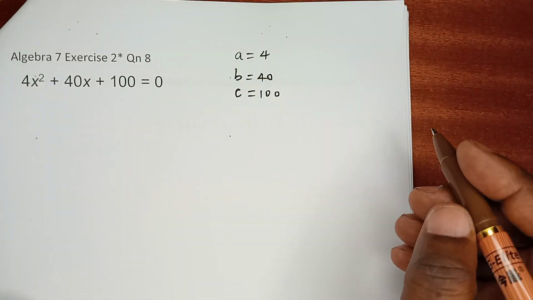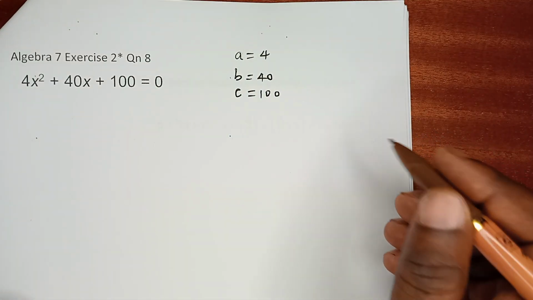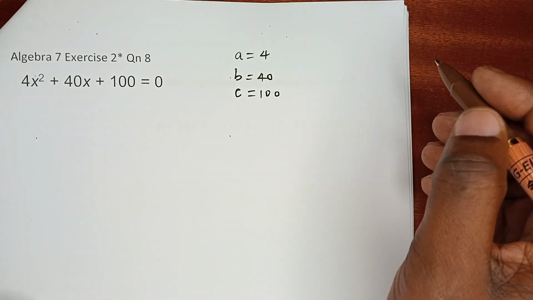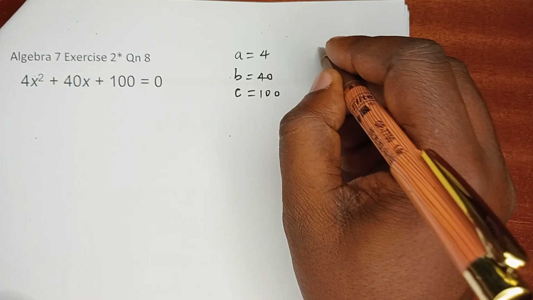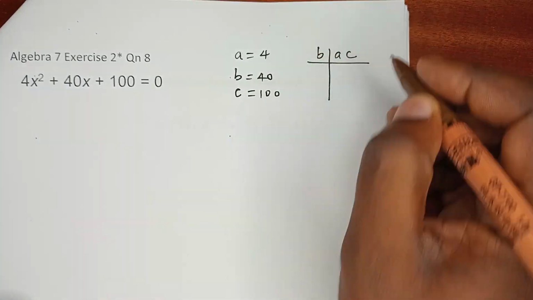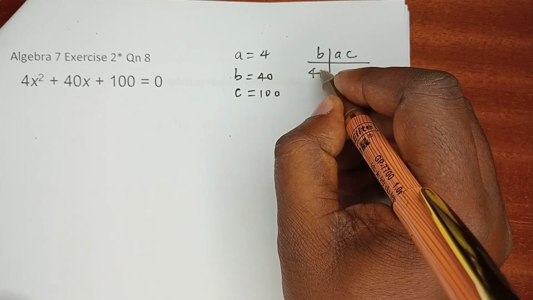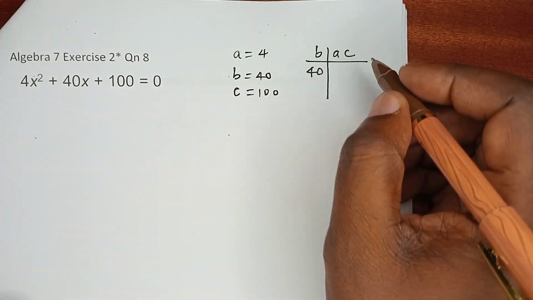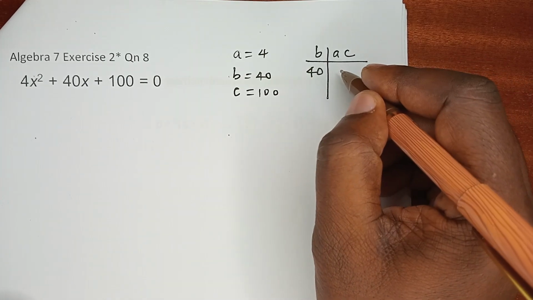So the moment we want to borrow from the BAC approach and use the factors so that we can easily factorize this, our B is 40, but our AC is 100 times 4, which is 400.